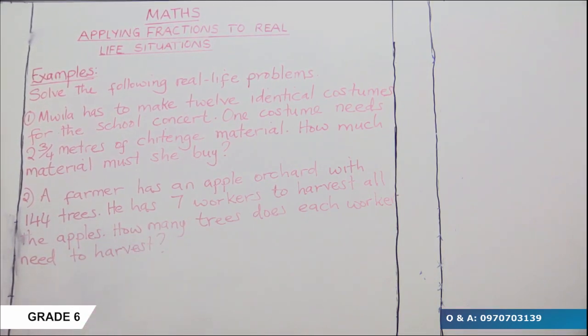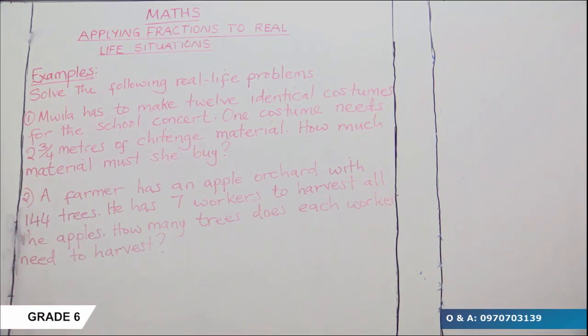Okay, so those are our first 2 examples, boys and girls, on the board. The first one says Mwila has to make 12 identical costumes for the school concert. One costume needs 3/4 meters of chitenge material.